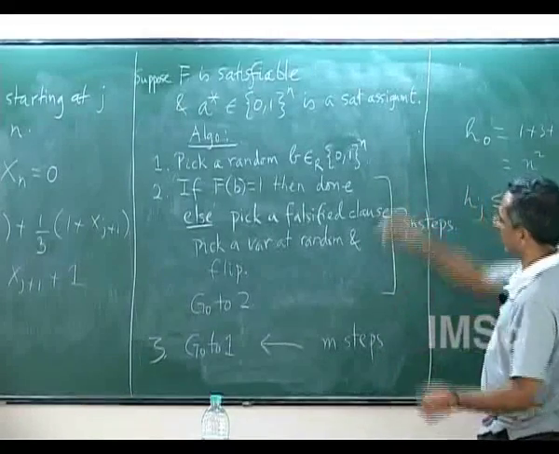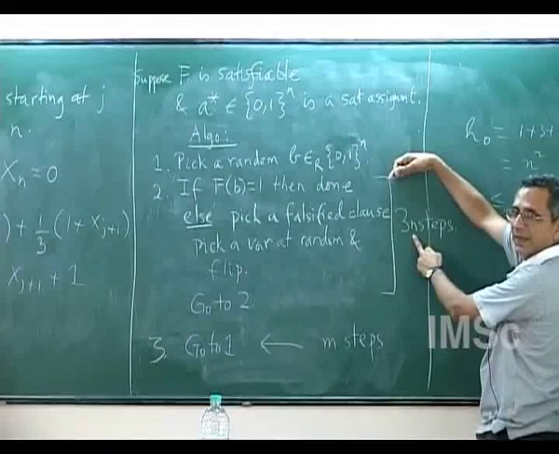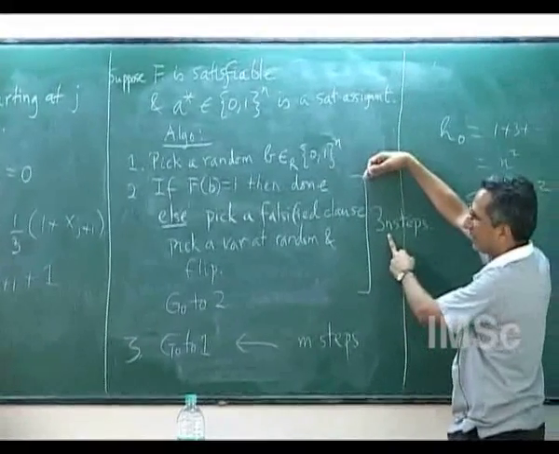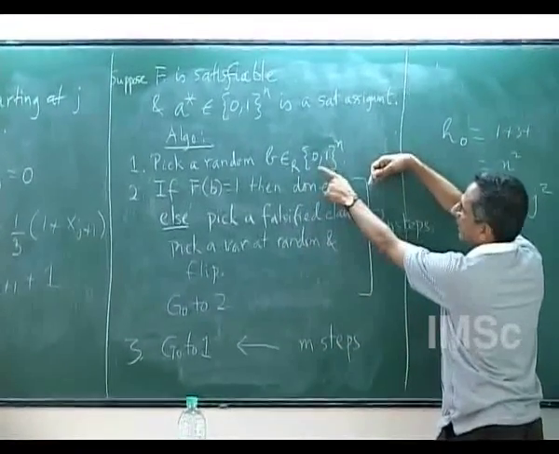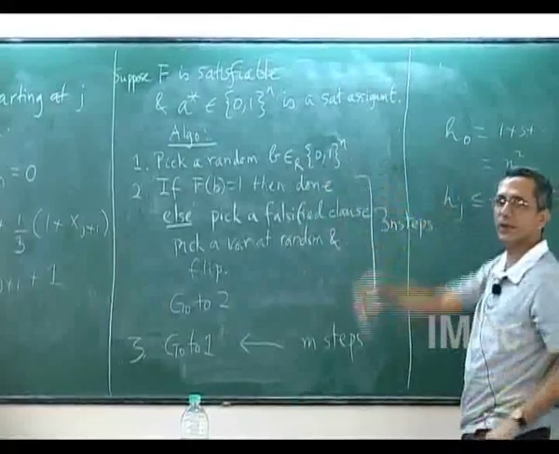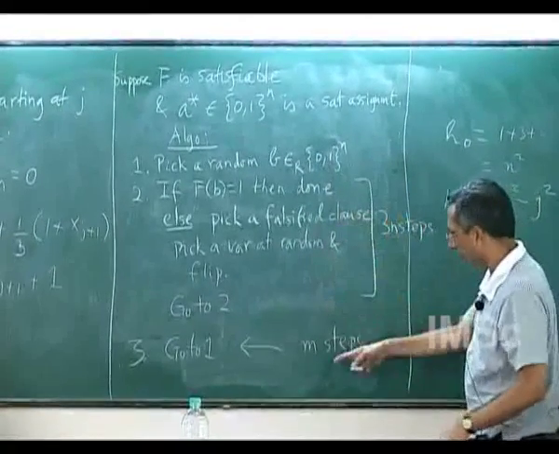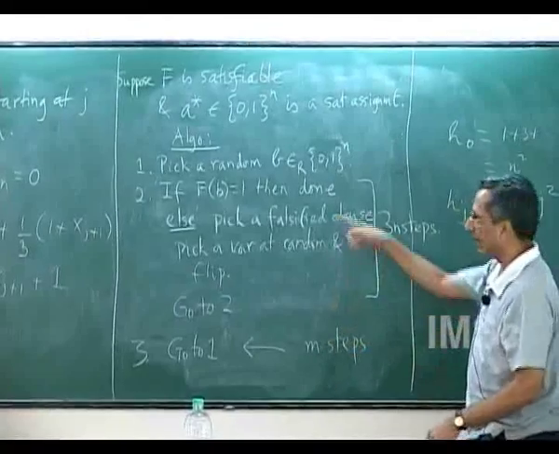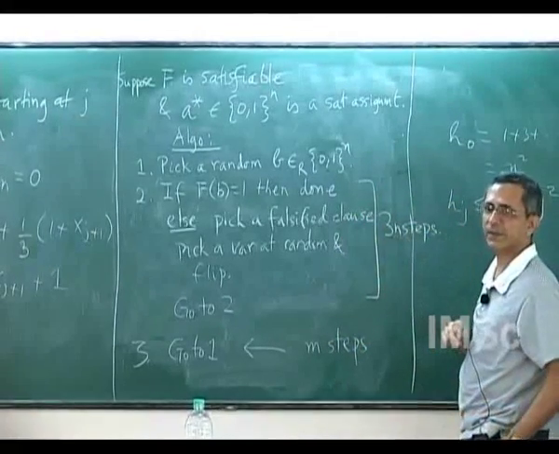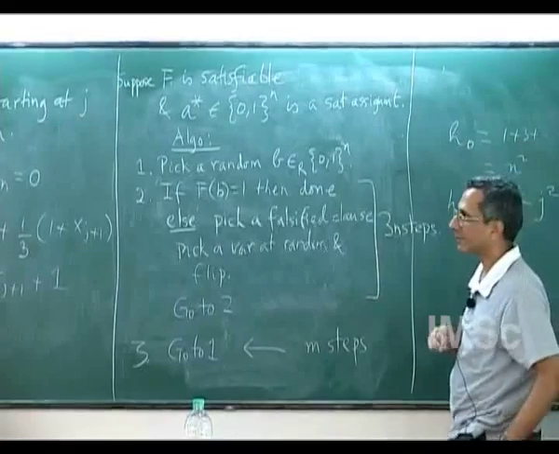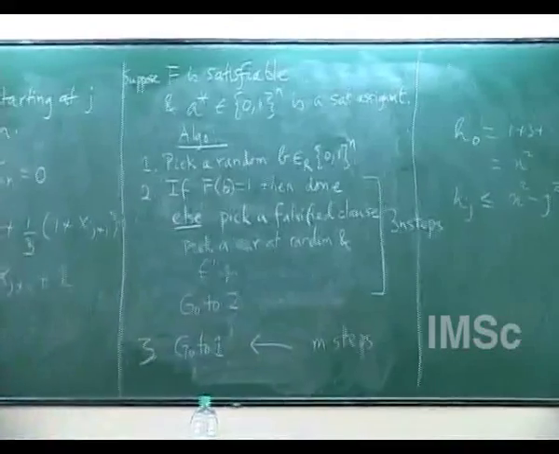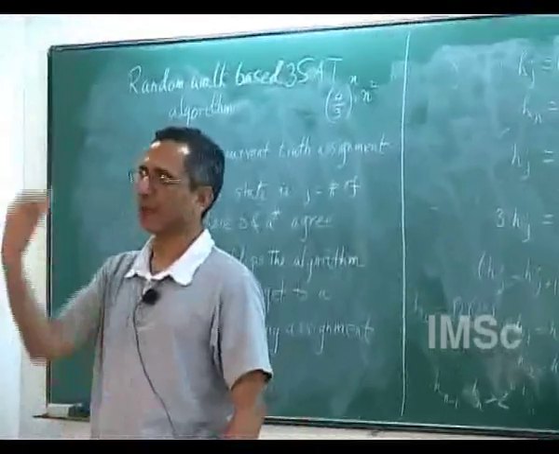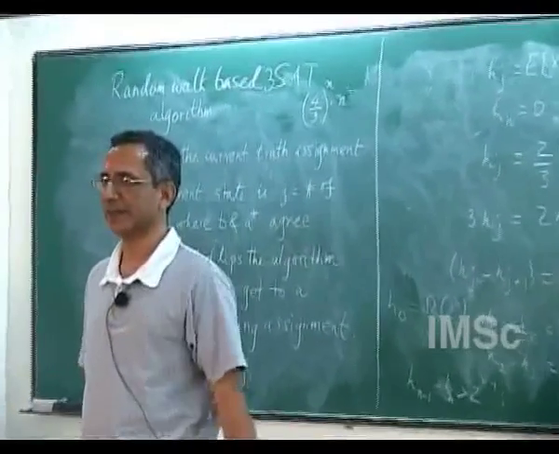So what you've done is you've done the random walk for 3n steps. If you didn't find a satisfying assignment, you aborted the random walk, got out, picked a fresh random assignment again, and started the whole thing. So there is an outer loop running for m steps, and the random walk itself running for 3n steps. Now it's not the number of steps that we're interested in, because the number of steps is bounded by 3n in the random walk.